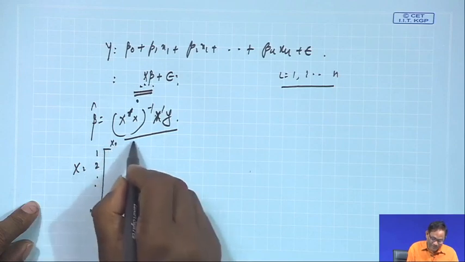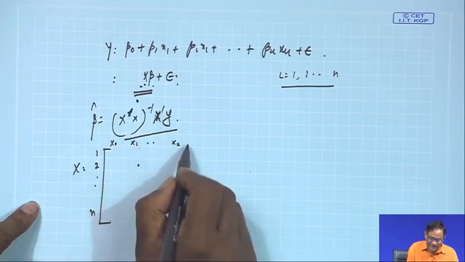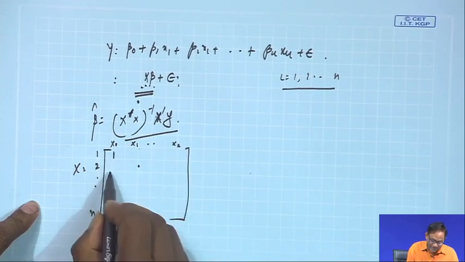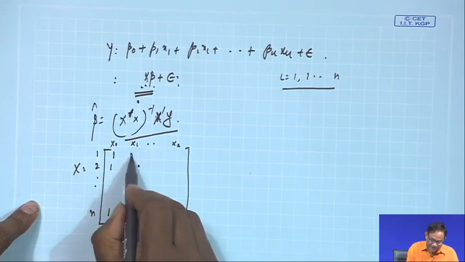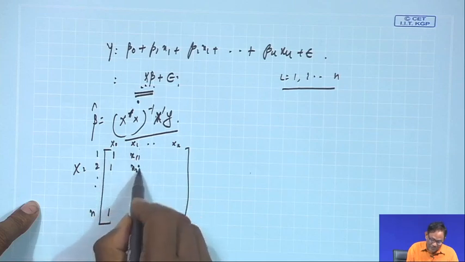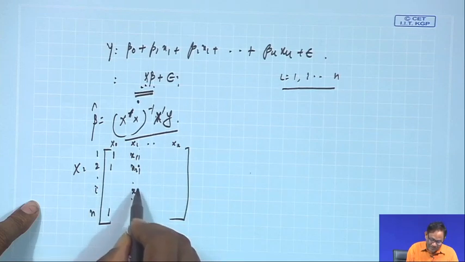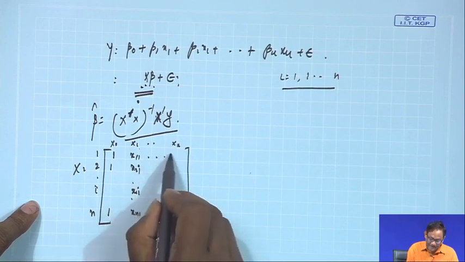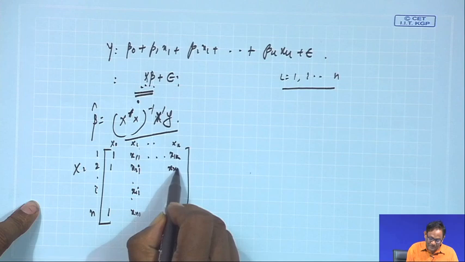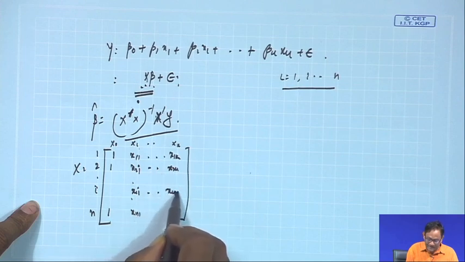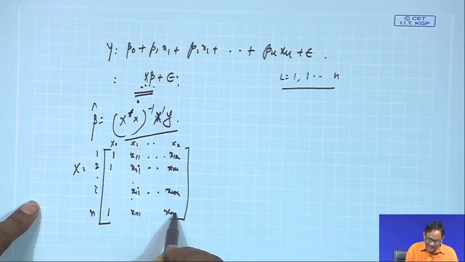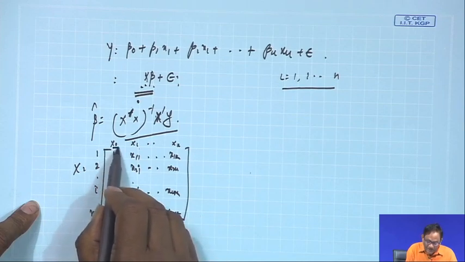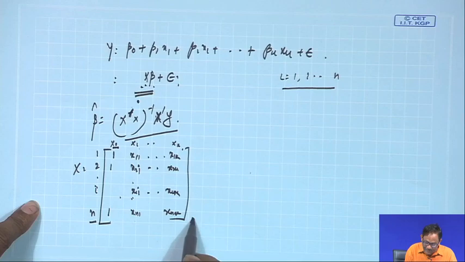Here X is nothing but, we have n observations, so x0, x1, like this xk. We have a constant term everywhere, 1, 1, 1, 1, and then x11, x21, and suppose there is xi1, then xn1, and like this x1k, x2k, then xik and xnk. So this is 0 to k, and it is n, so n cross k plus 1.